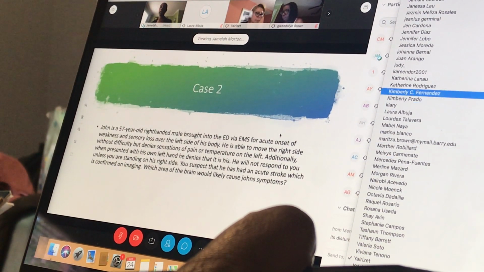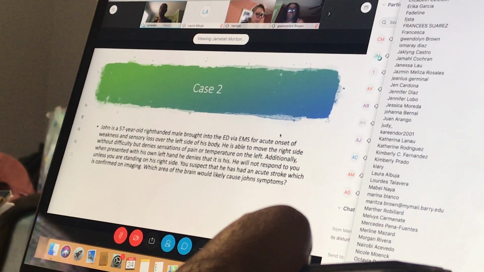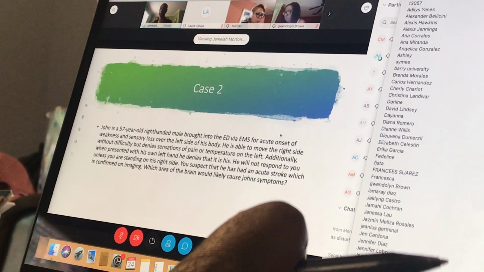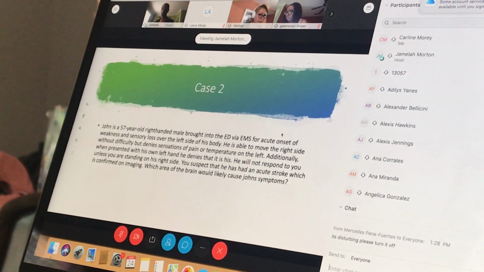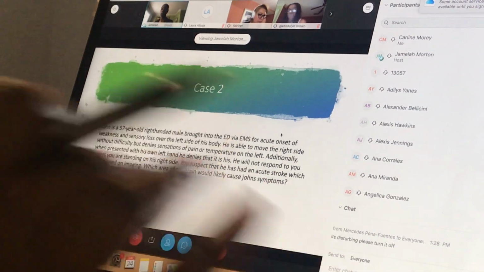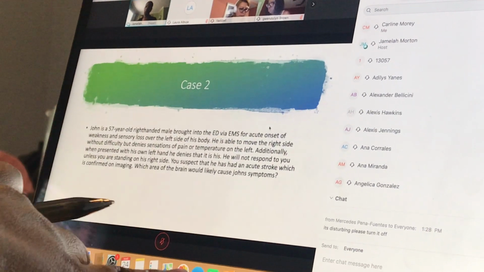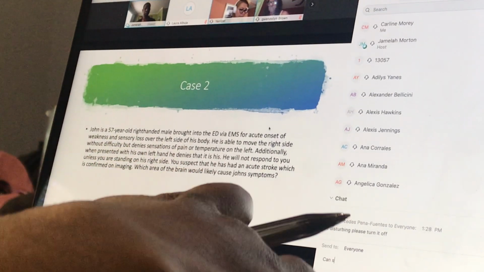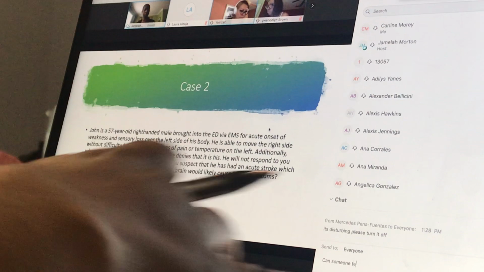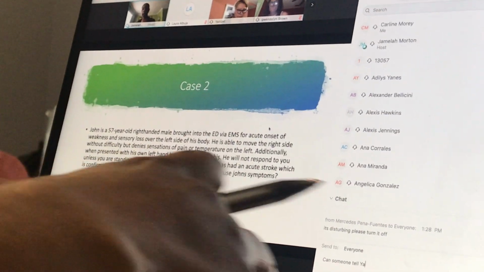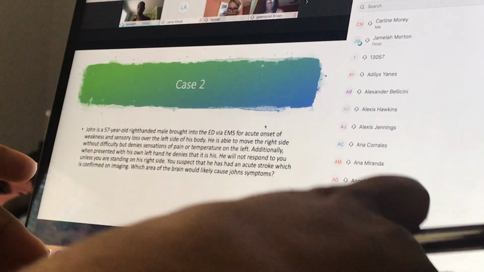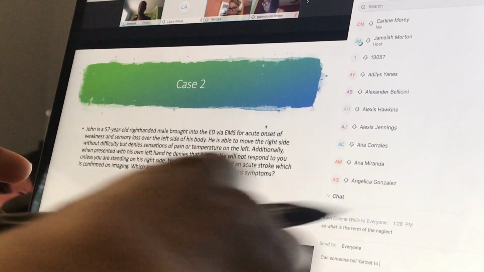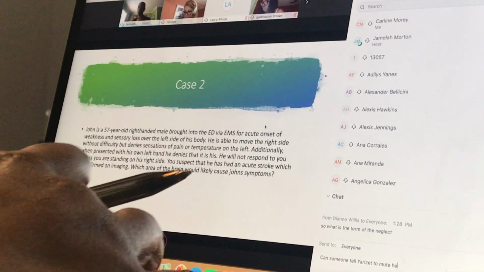If you can define that, that would be great. We have agraphia. Agraphia is basically if I write the letter E in your arm or your hand, you should be able to identify it without looking at it. The inability to do that is agraphia. So that's another one.